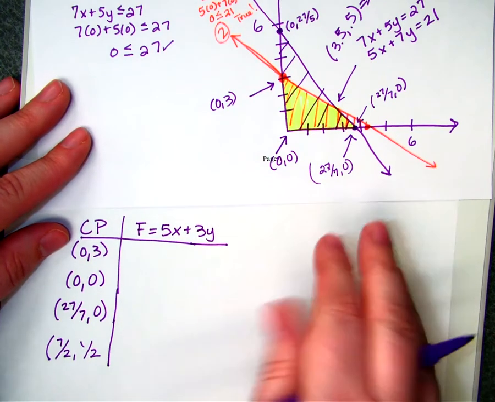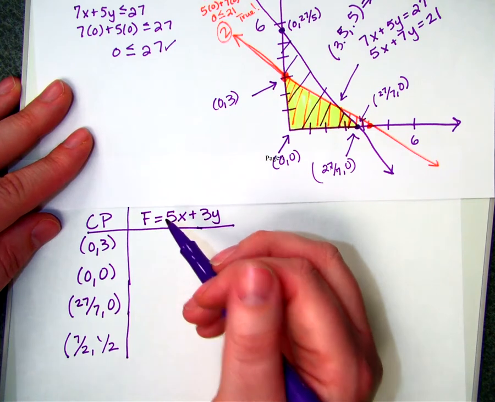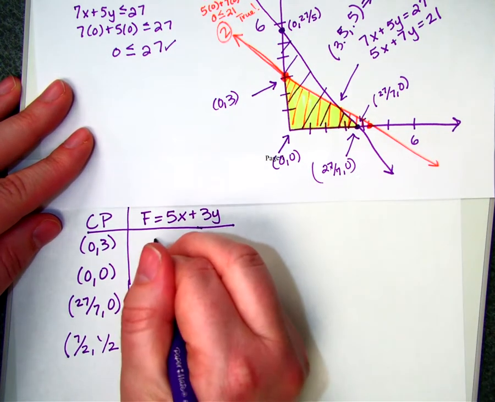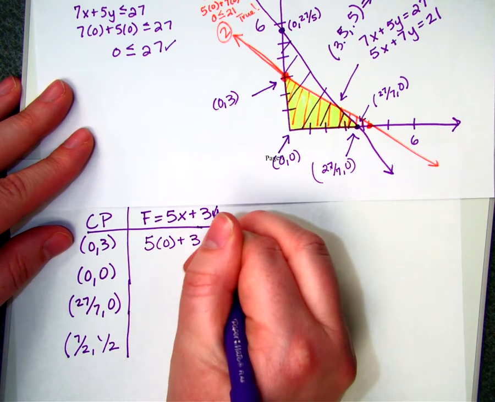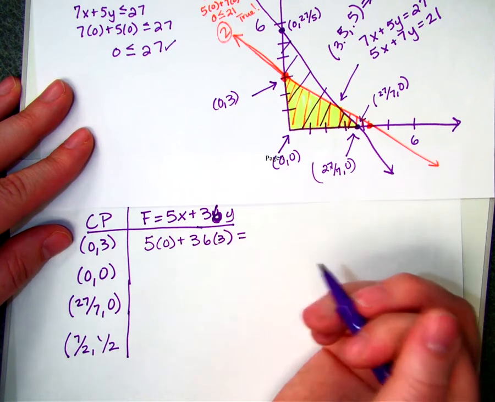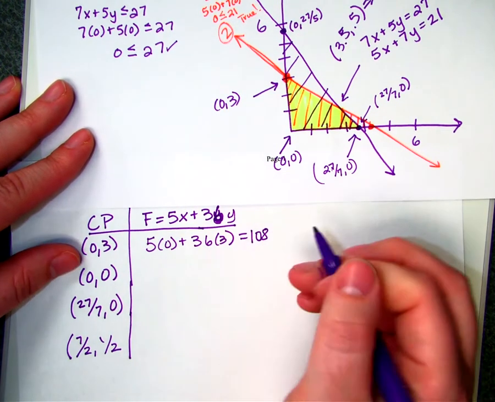So we're looking for minimum and maximum values of our objective function, and they occur at the corner points of our feasible region. So plug these things in. 5 times 0 plus 36 times 3. So plug this in. It's going to be equal to 108.